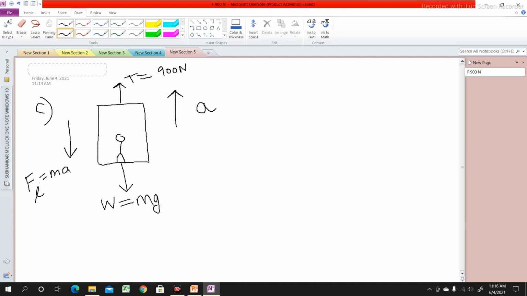Now we can write down the force equilibrium equation. Summation Fy is equal to 0. What is summation Fy? It will be plus T minus mg minus Ma is equal to 0. This will be the force equilibrium equation along the y-axis.